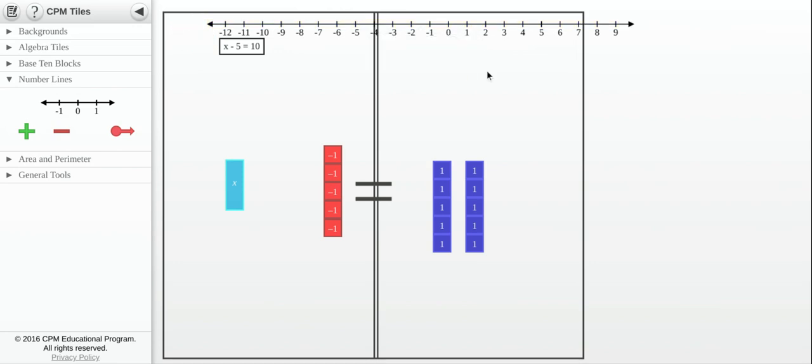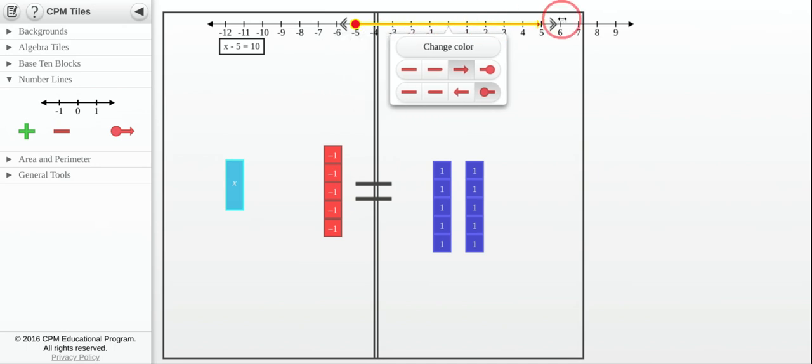So what I'm really looking at is, I start at negative 5. That's what this says. This says start at negative 5. But I want to end up at a positive 10. So I'm going to start at negative 5. I have to keep going until I get to a positive 10.